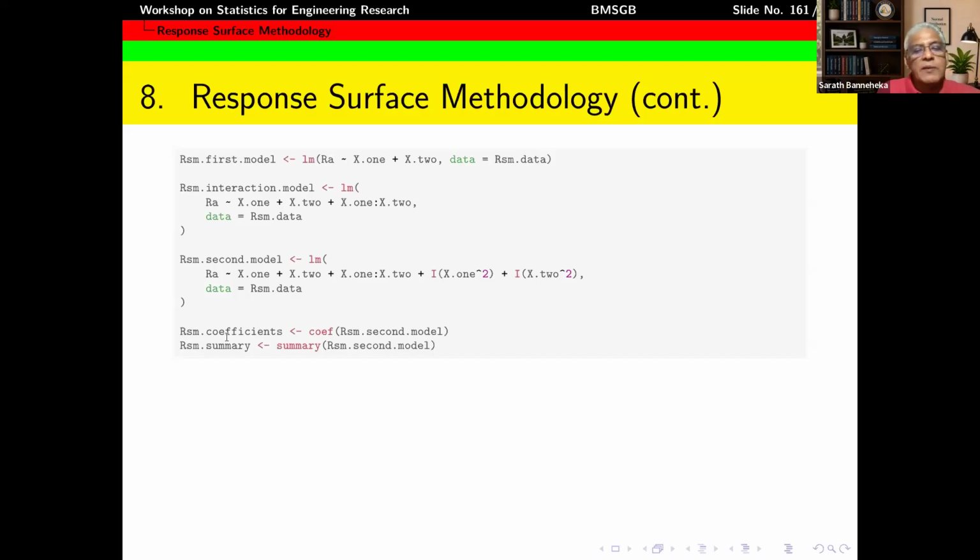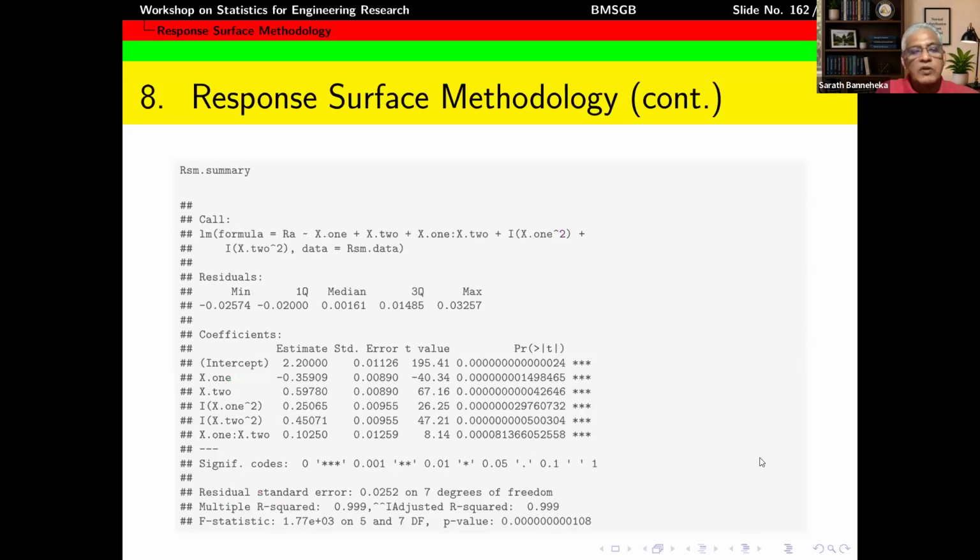And let's look at the output of the second order model. Right. So this is the summary of the model. You can see that, assuming that the model assumptions are satisfied at this moment, all the coefficients in the model are very, very significant.